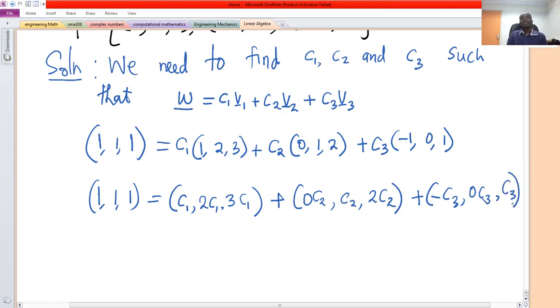That's how we do scalar multiplication of vectors.